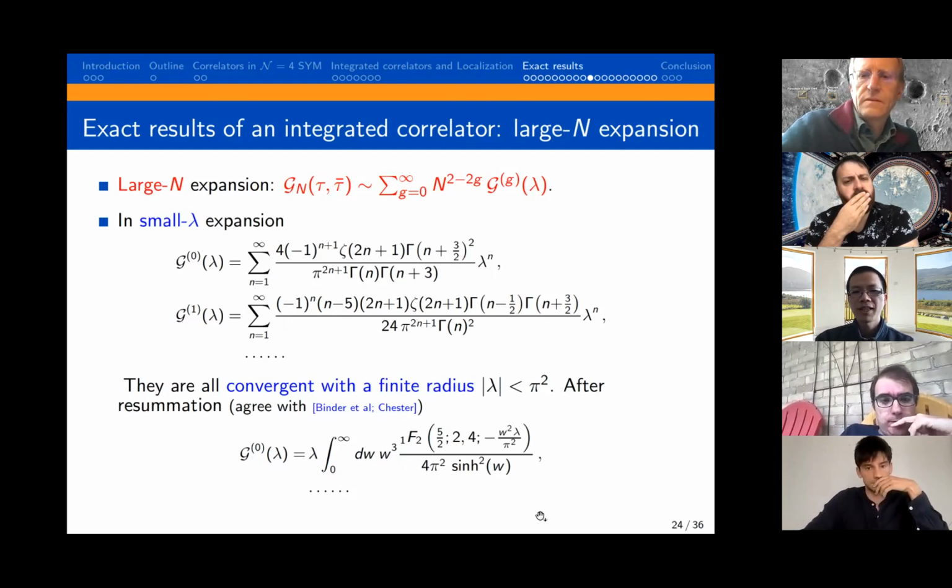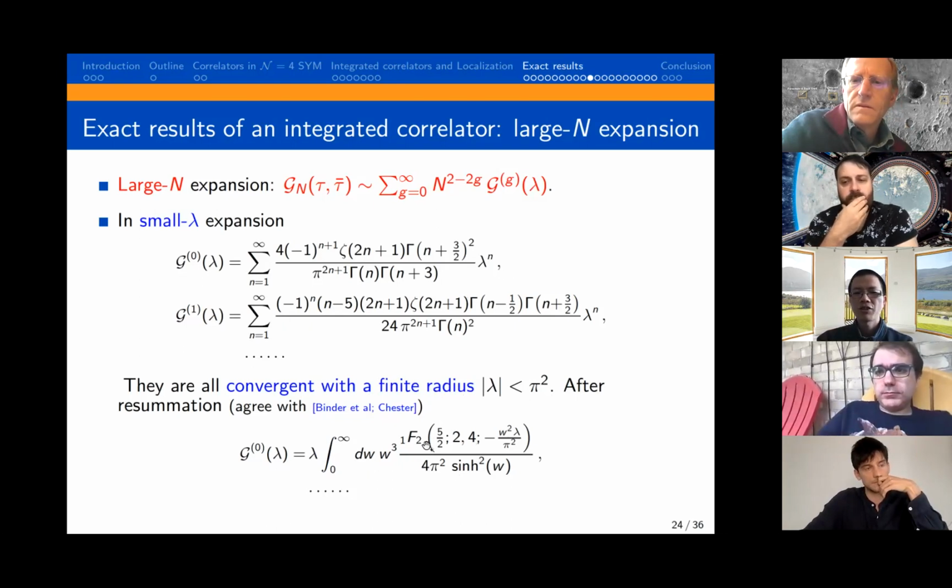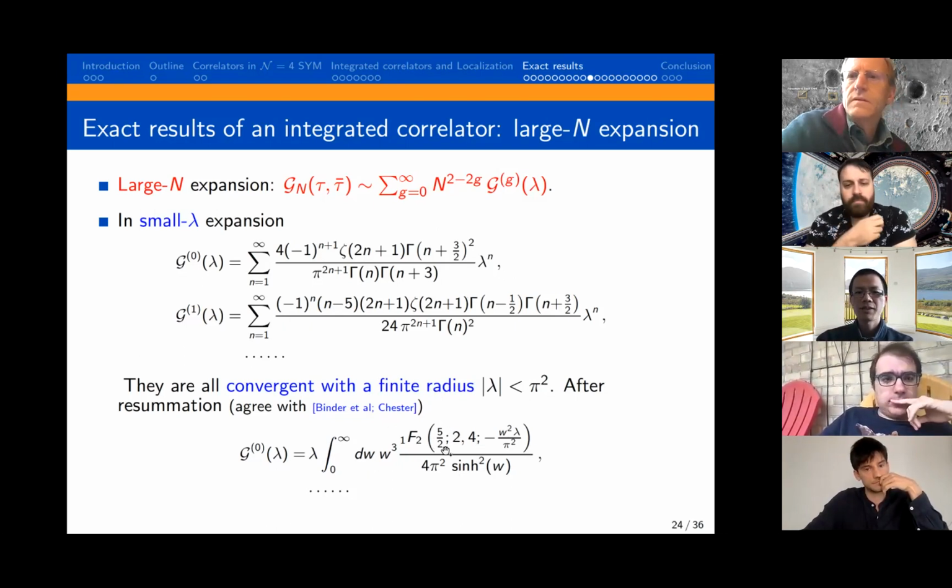Once you do the resummation, you find that answer. This was originally computed in the first paper using a different method, where they write it as a Bessel function, but it turns out there's a relation between the Bessel function and the hypergeometric function. Again, here we can actually go very high if we want. We did actually.